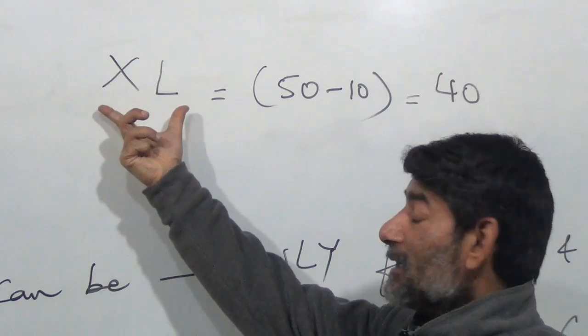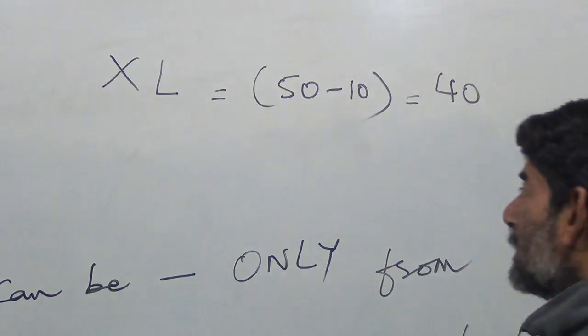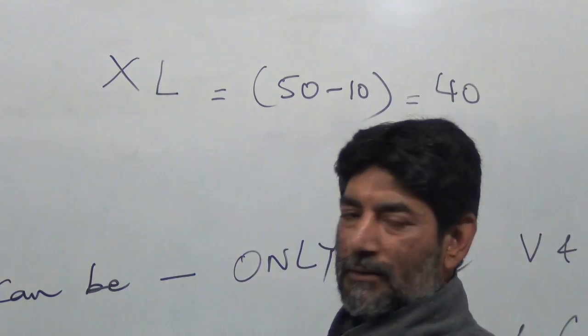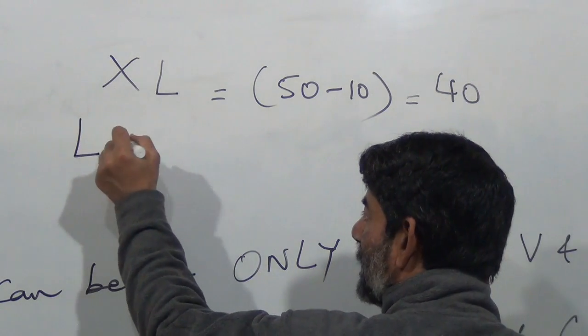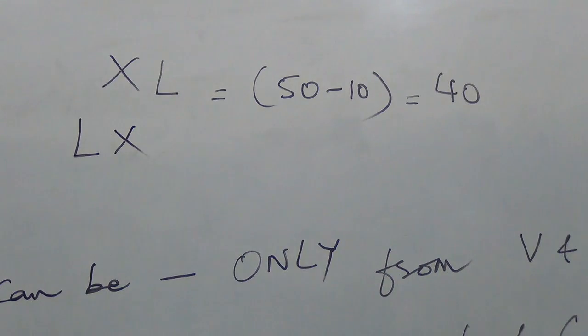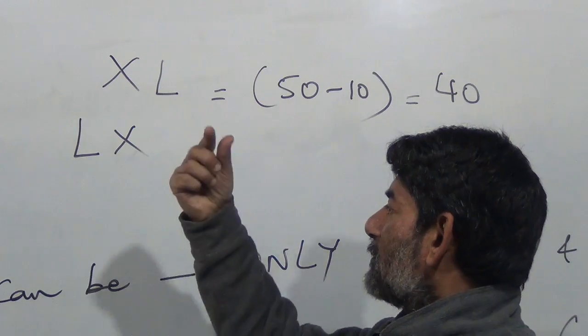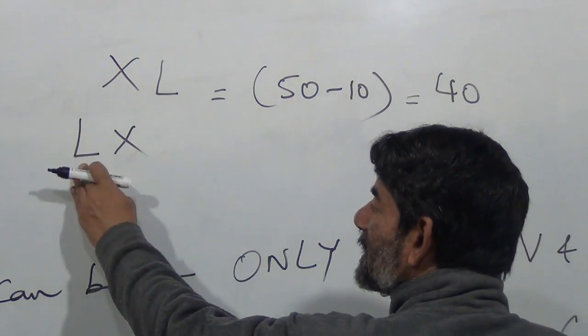Now, in the same way, if I have to write addition in the Roman system, when a smaller symbol follows a bigger symbol, for example, LX. The value of L is 50, the value of X is 10, the smaller number comes after the bigger number.